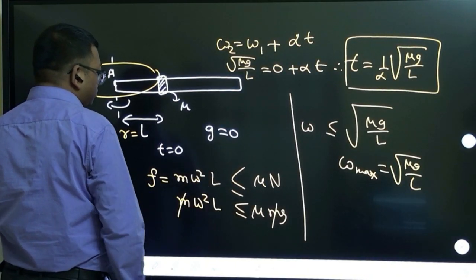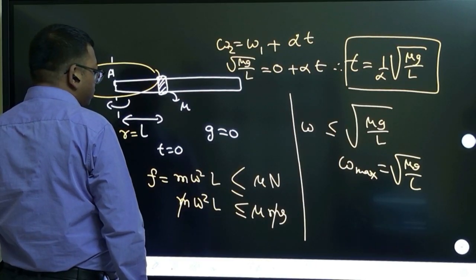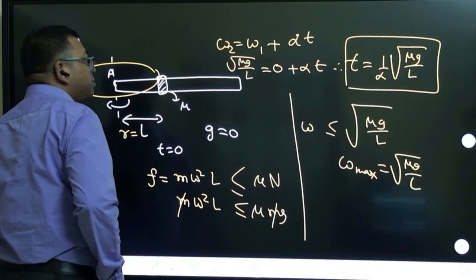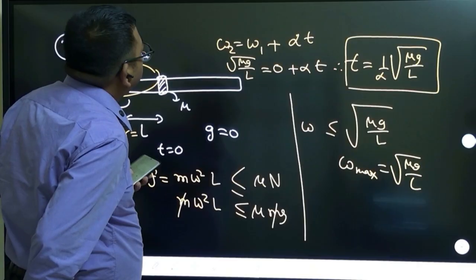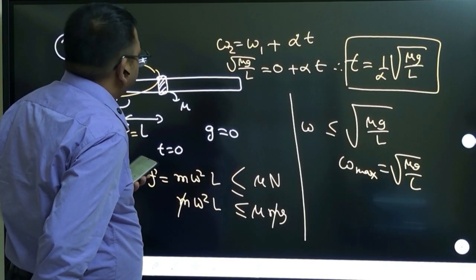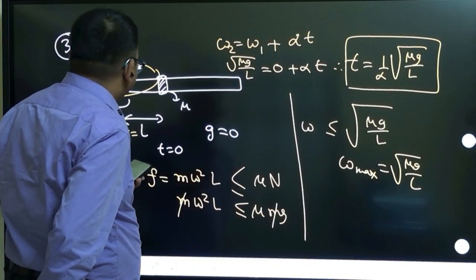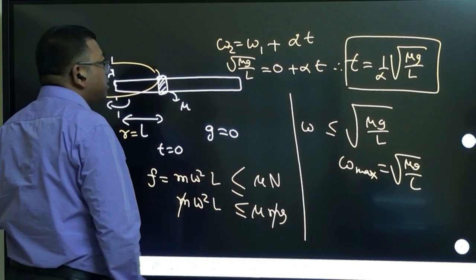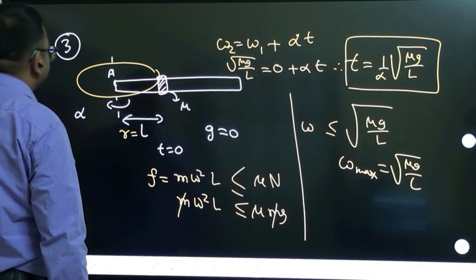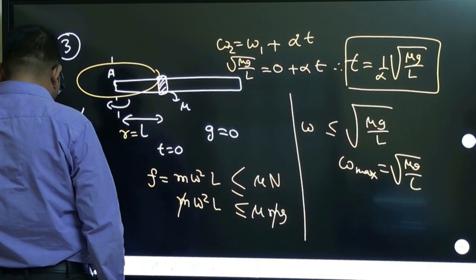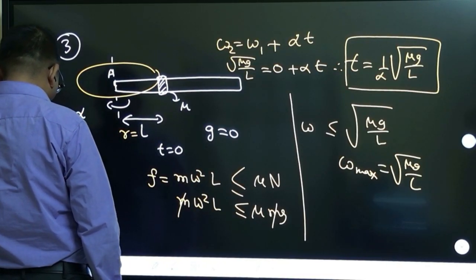Normal is mg. Gravity is neglected means then what will it become? Check this out. Any mistake we have done? It should be 0, no? That option is not given. Check this again.